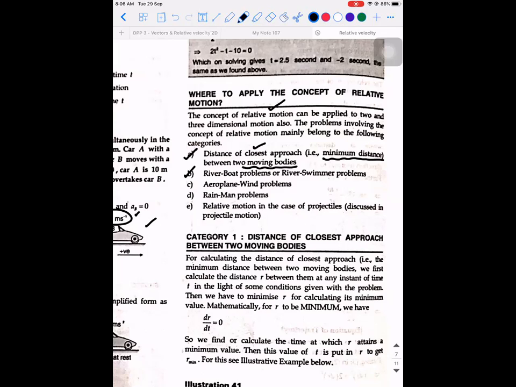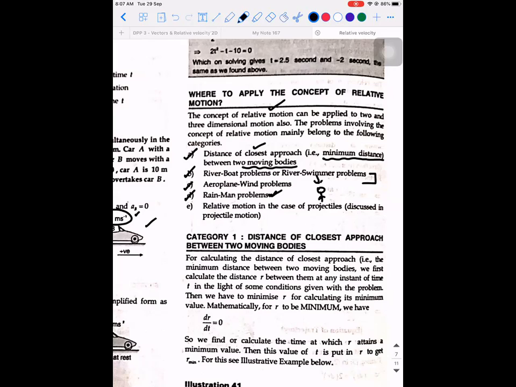Second, there will be problems like river and boat or river and swimmer problems. Means there will be a river, there will be a person who is swimming across the river, and when you need to do a comparative study, that time we apply. The third one is aeroplane and wind problems. These two are similar. Fourth one is rain and man problem. That is, there will be a person who's standing, and as I told you, rain will be falling vertically.